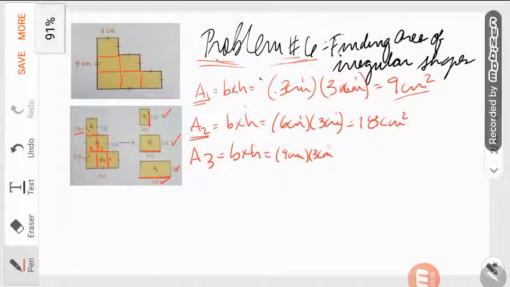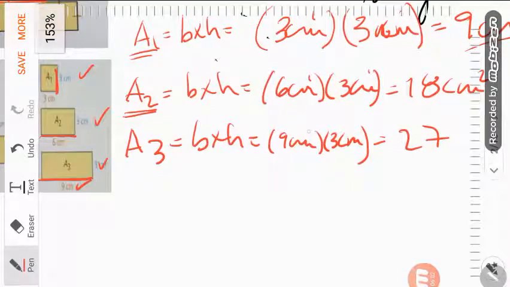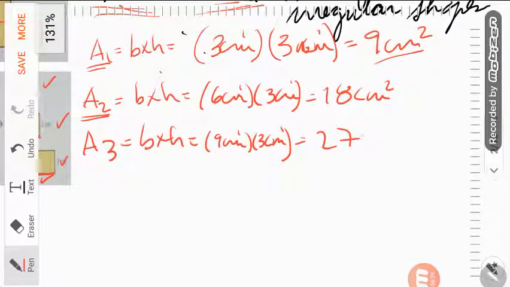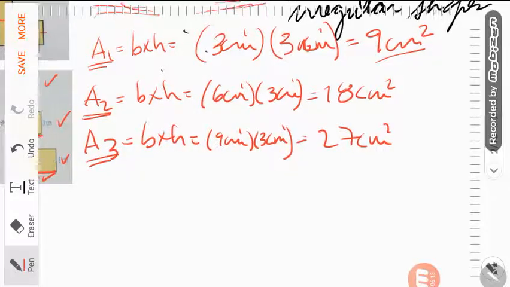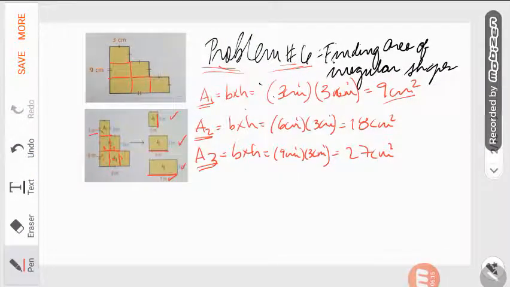When we multiply, we have 27, and 1 dimension times 1 dimension makes 2 dimensions. So the area for the third figure is what? 27 square centimeters.